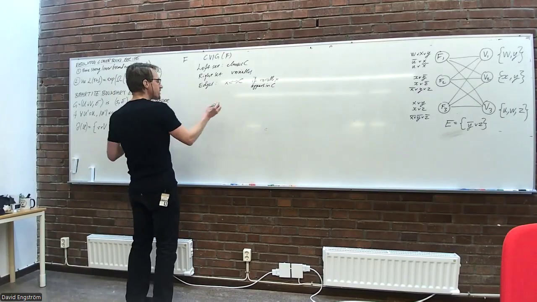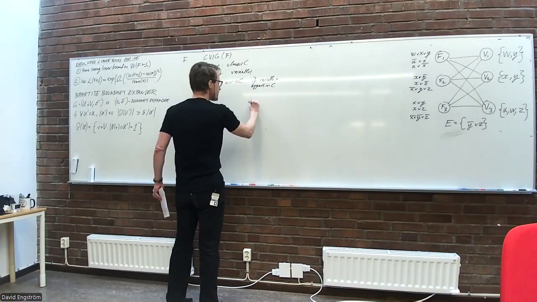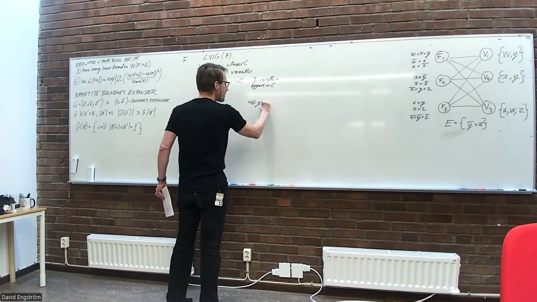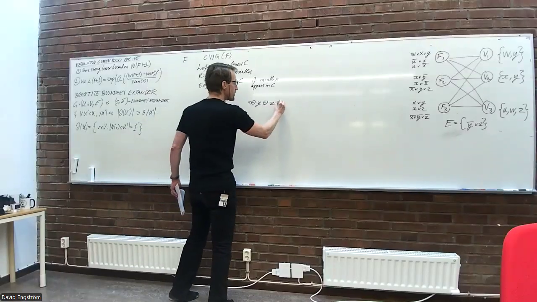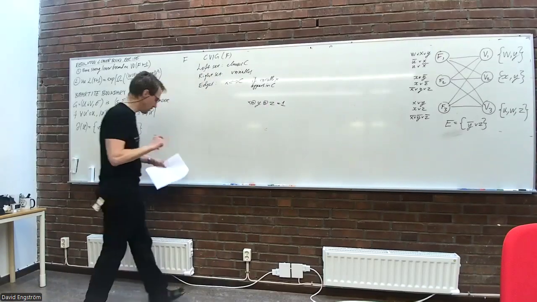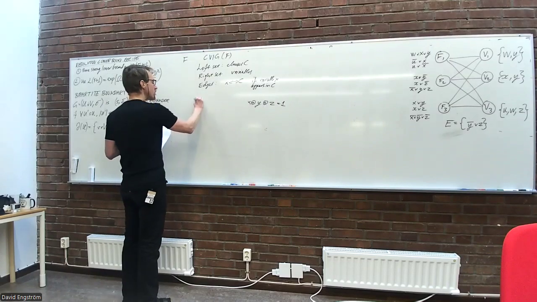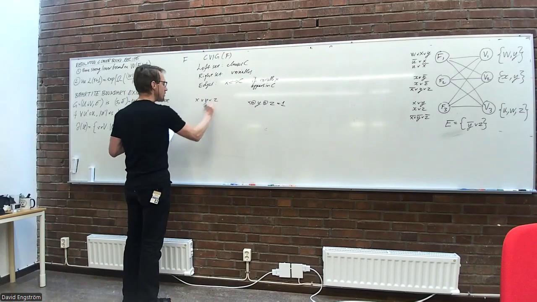Okay? And why is this? Well, if you think about Tseitin, we know that if we had a vertex with incident edges x, y, and z, we had a parity constraint to say that this parity should be odd. What is this going to be? Well, this is going to be 4 clauses, right?